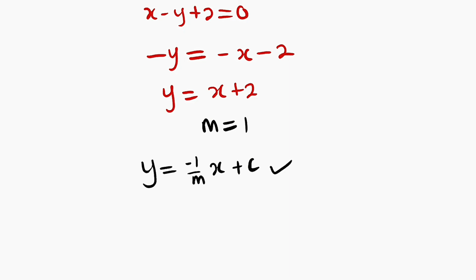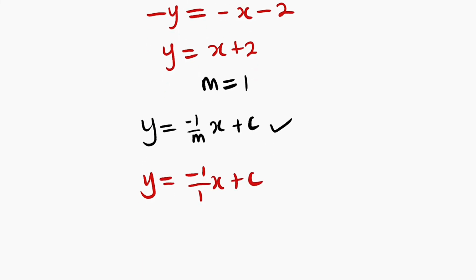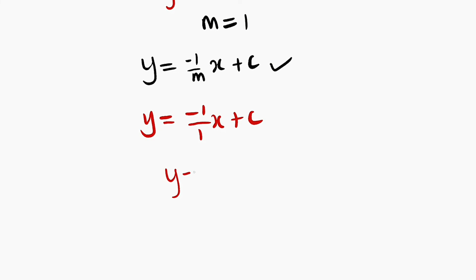This is going to be our perpendicular equation. So by substitution, we have y = -1 divided by m, which is 1, multiplied by x plus c. So y = -1x, or -x is all the same, plus c. Now all we have to find is the value of c, and we are done.